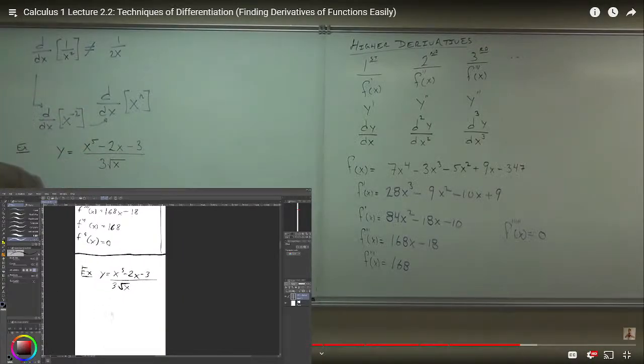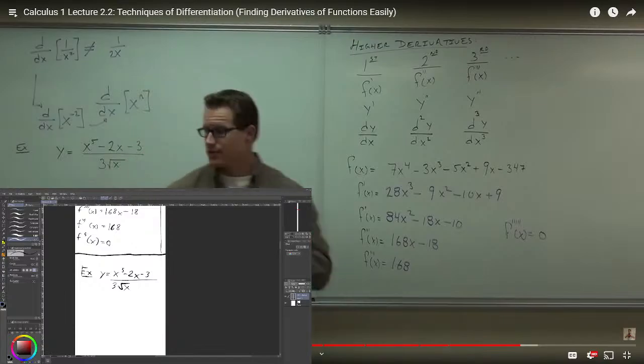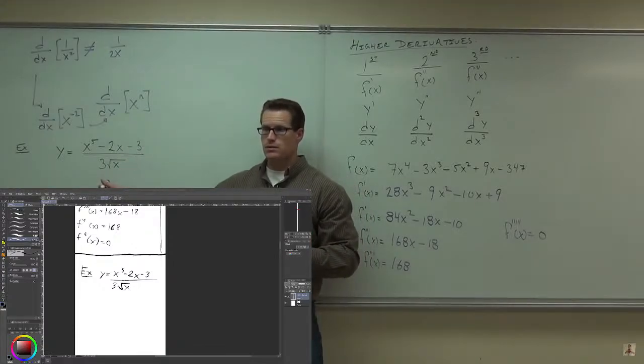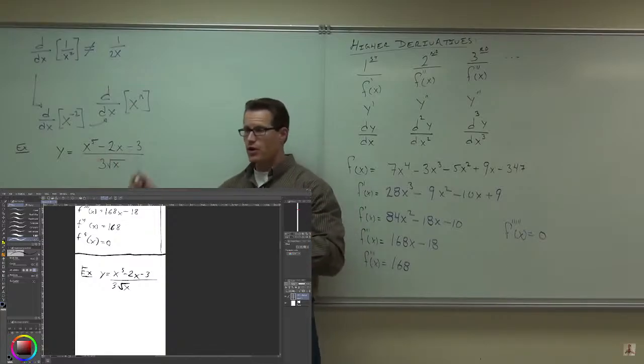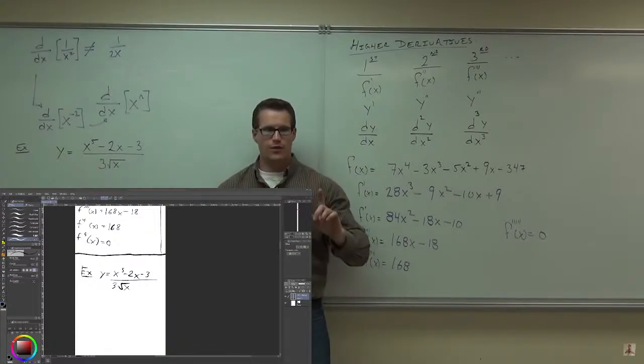We can only separate them by addition and subtraction. So I wouldn't know what to do with that. Could you take the derivative of this thing on its own? Yes, you can. Can you take a derivative altogether? No, not the way it is right now.